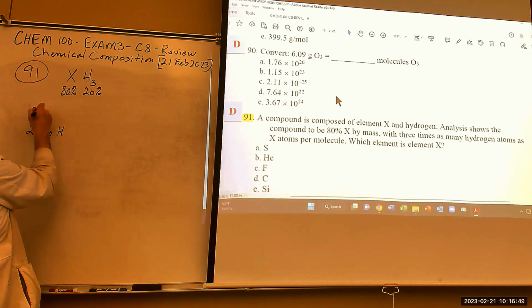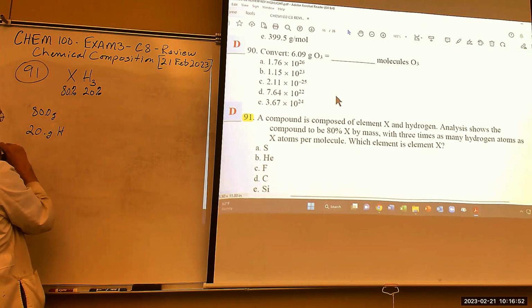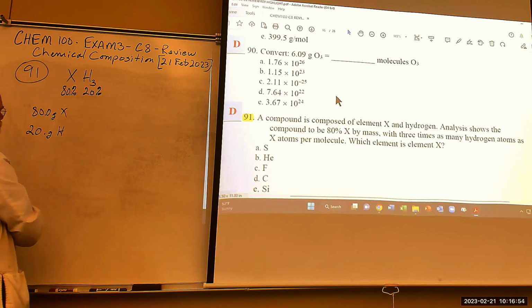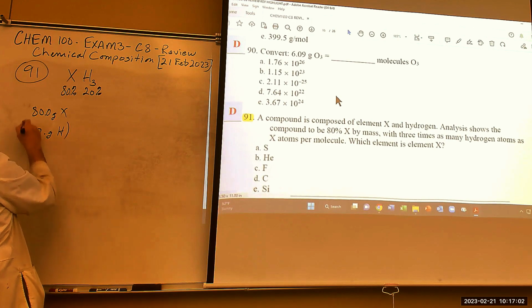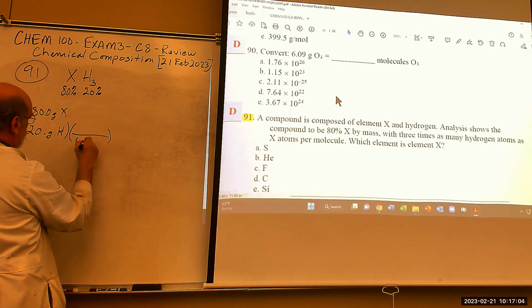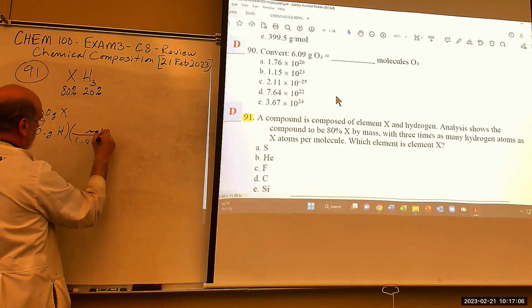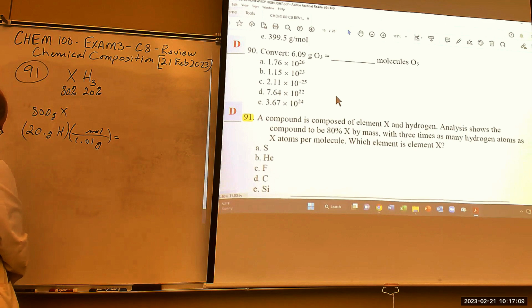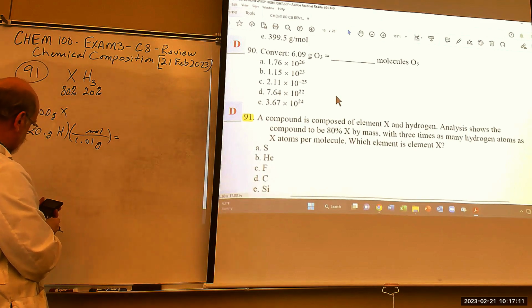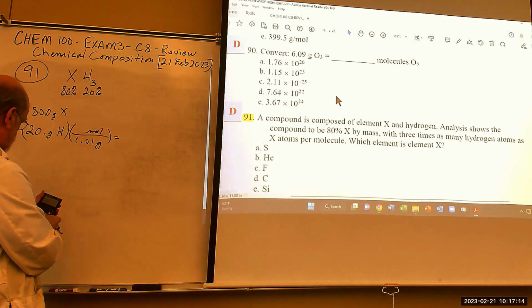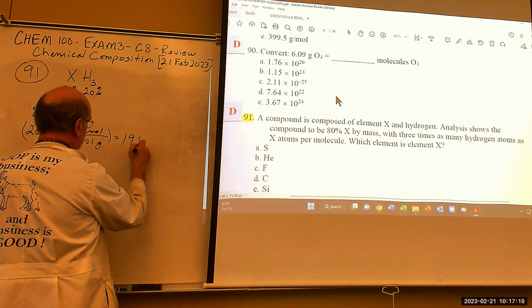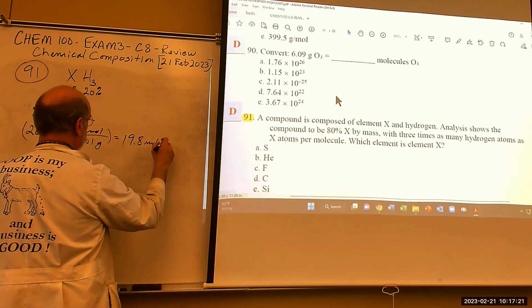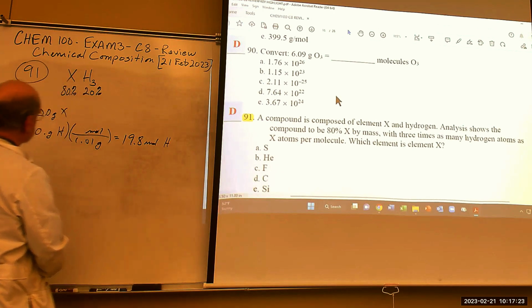And we have 80 grams of X. So how many moles of hydrogen do you have? 1.01 grams per mole, I'll just estimate, equals 19.8 moles of hydrogen.